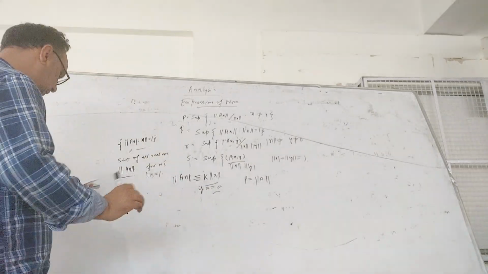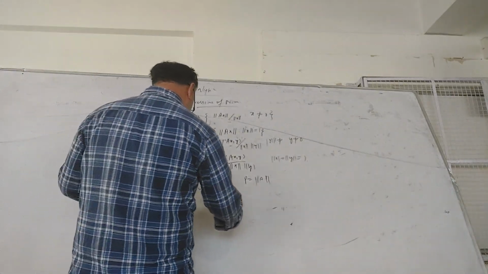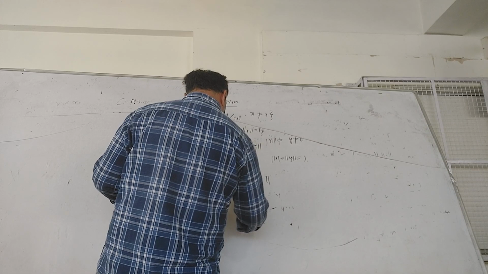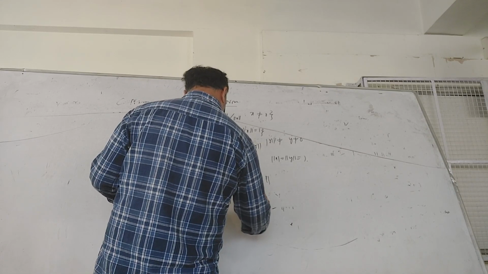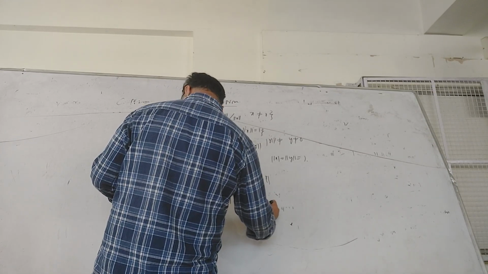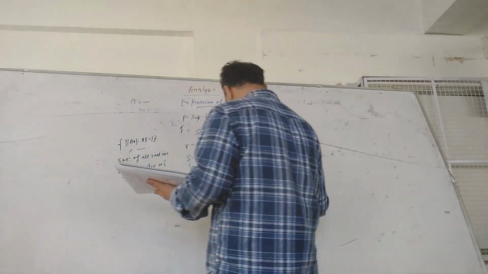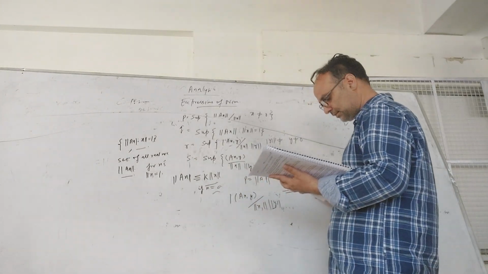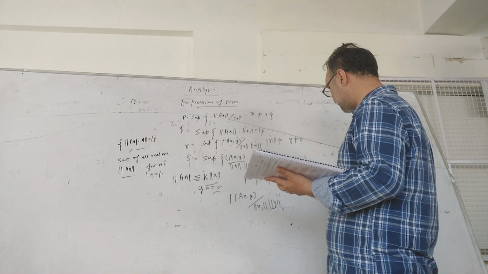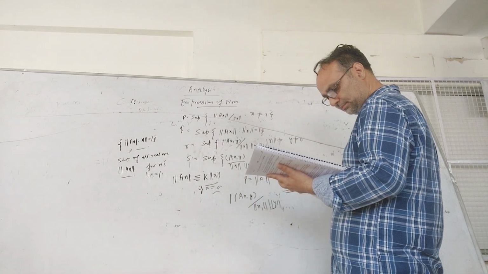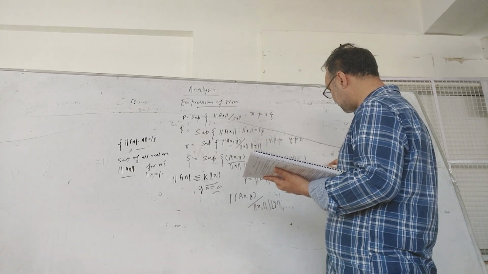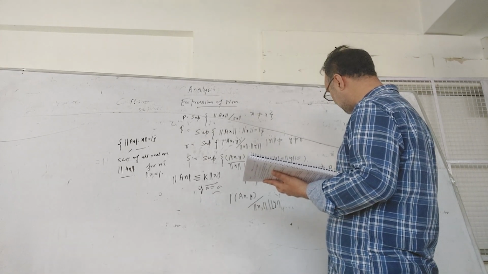For example, I just write two properties. For example, a of xy modulus of y can be written as ax prime y prime, if x is not equal to 0 and y is not equal to 0.